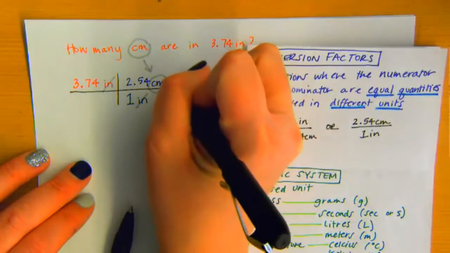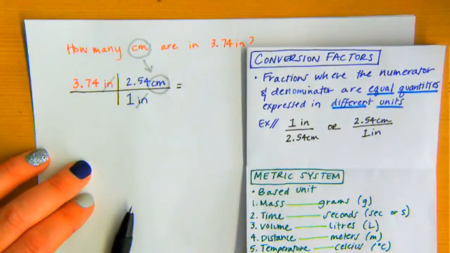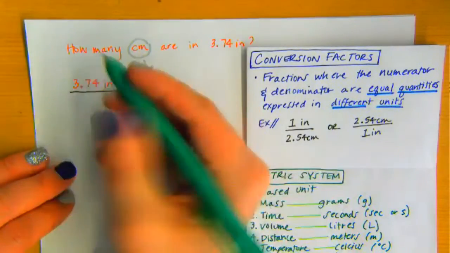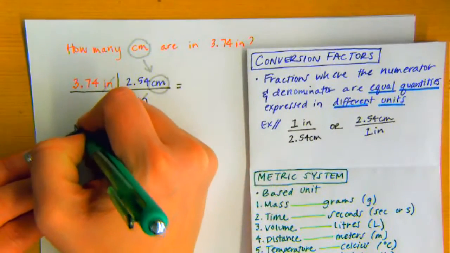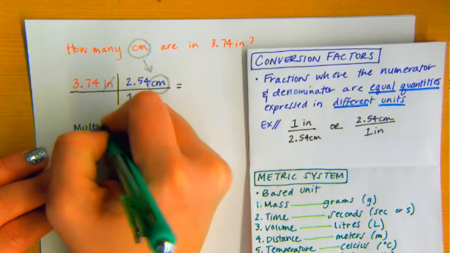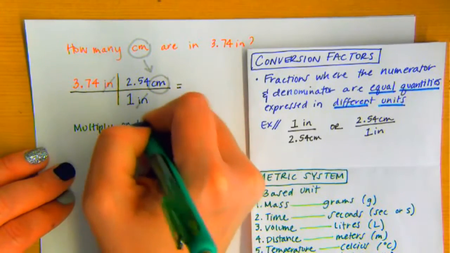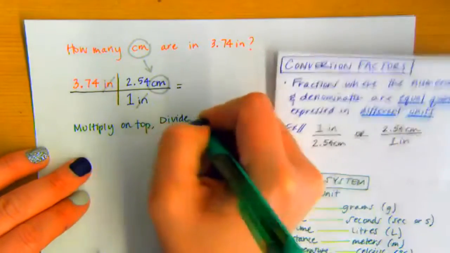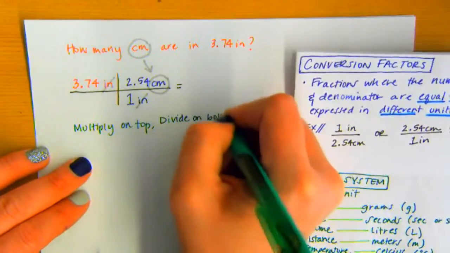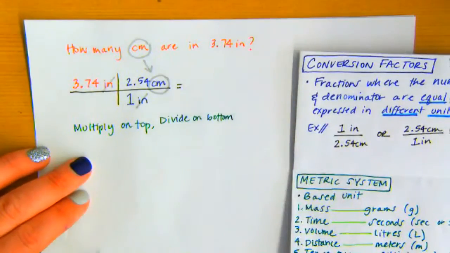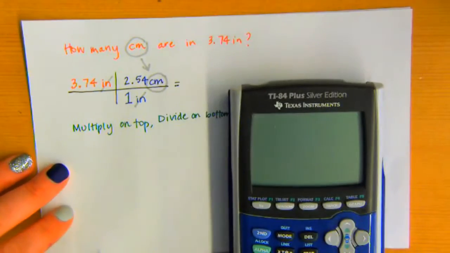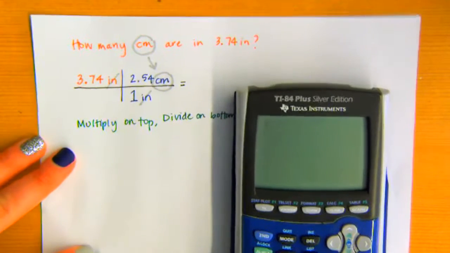Okay, the next thing to note is that in dimensional analysis, when you set up these train tracks, things that are on top, you multiply. So you multiply on top, and conversely, you divide on bottom. Okay, so in this case, what is that going to look like? Well, let's take a gander. So here's my calculator.